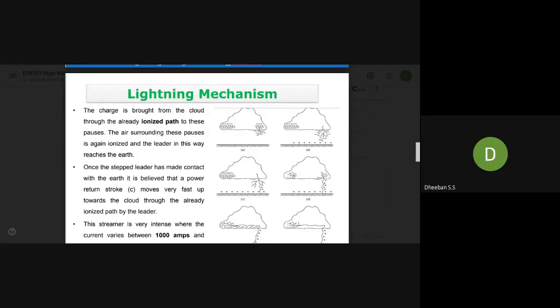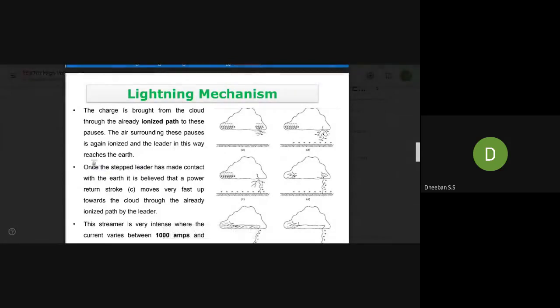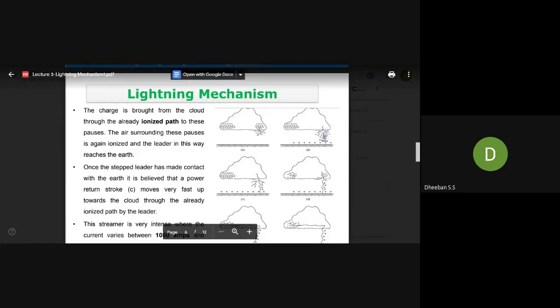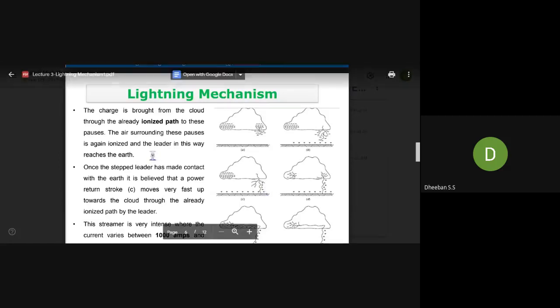That's what you will be seeing in your B diagram. What happens is, once the stepped leader starts to increase for each and every 50 meter, when it comes in contact with the earth, there will be a return stroke.